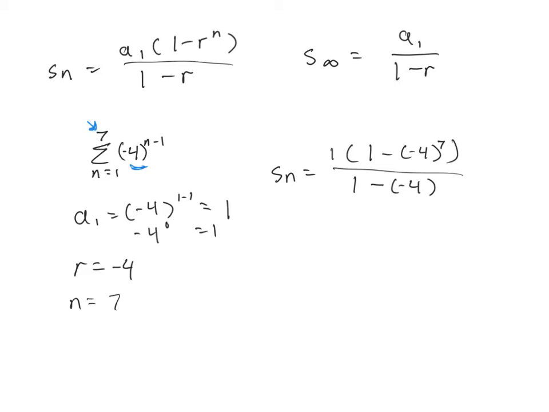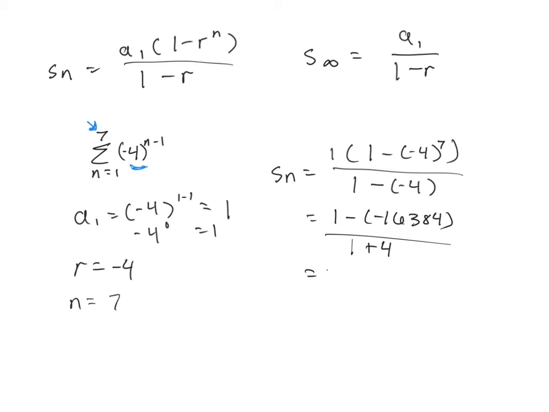I'm going to simplify this a bit more. Negative 4 to the 7th power is negative 16,384. So this is 1 minus negative 16,384, divided by 1 minus negative 4. That's the same thing as saying 1 plus 4. Simplify that some more.